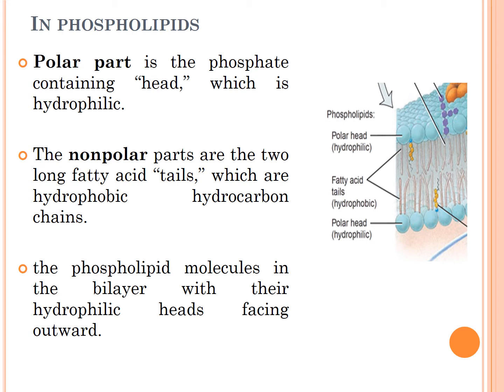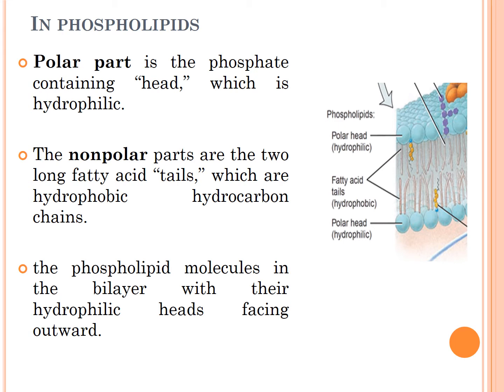Second, the non-polar parts of phospholipids are two long fatty acid tails. These are the two long fatty acid tails, which are hydrophobic, hydrophobic hydrocarbon chains, so one part is hydrophilic and another is hydrophobic. The phospholipid molecules in the bilayer have their hydrophilic heads facing outward.